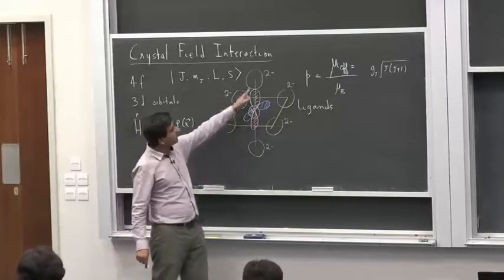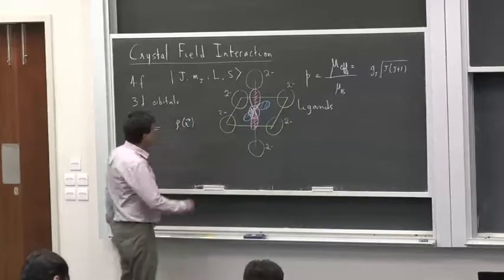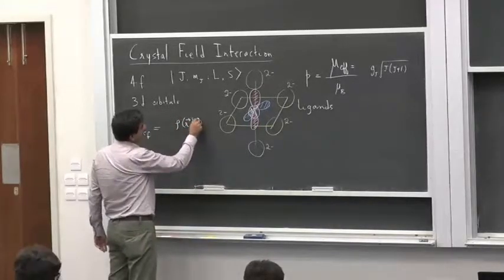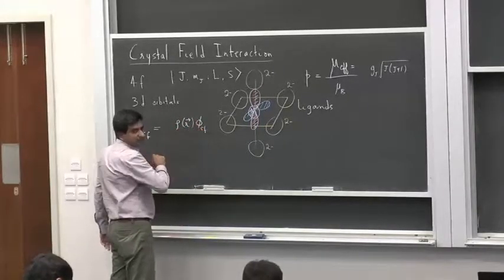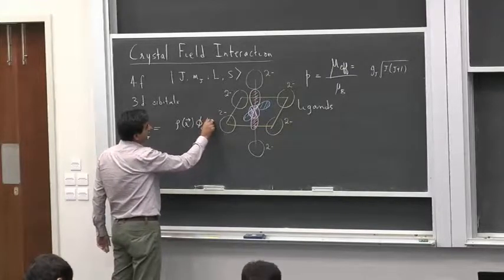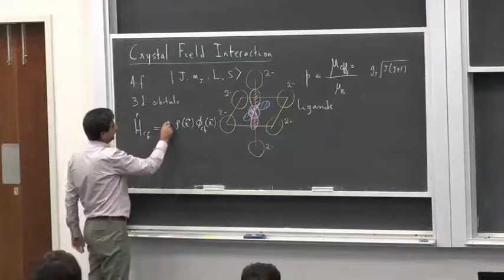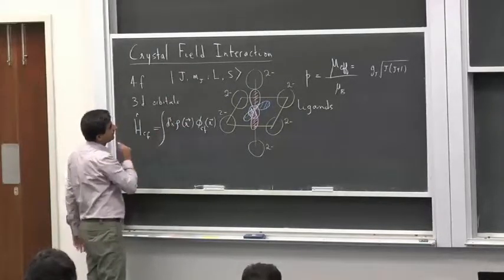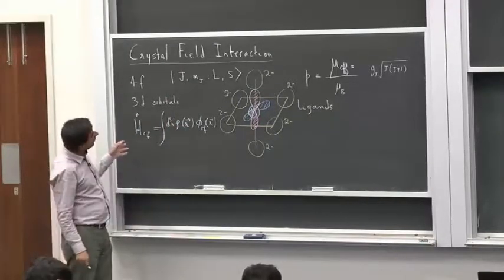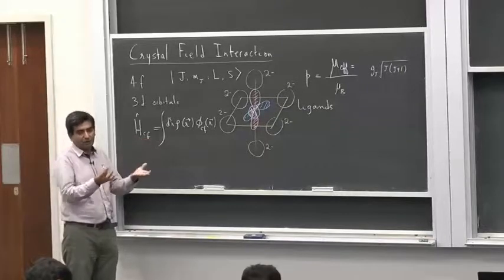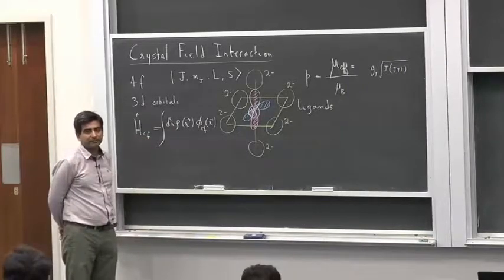And that potential is created by the ligands. So this is going to be rho times some potential at that particular location, which is created by the ligands. So in this manner, one can find out the energies of the different orbitals.